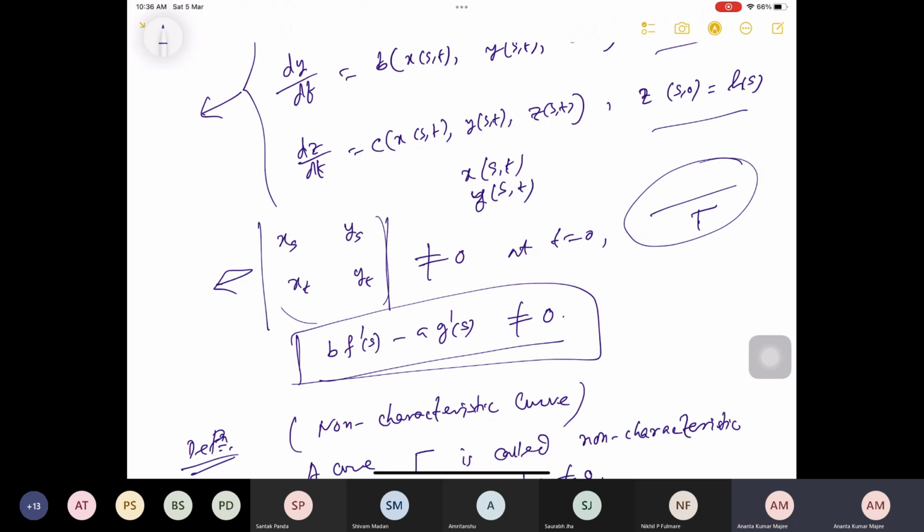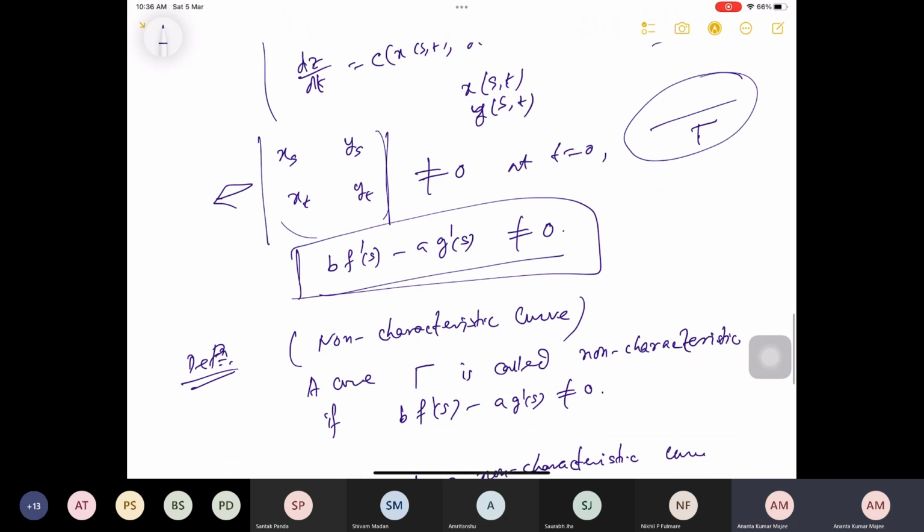That means the Jacobian determinant of x and y with respect to s and t is not equal to 0 at t is equal to 0. From there, what I am having is that B of f prime s minus A of g prime s is not equal to 0.